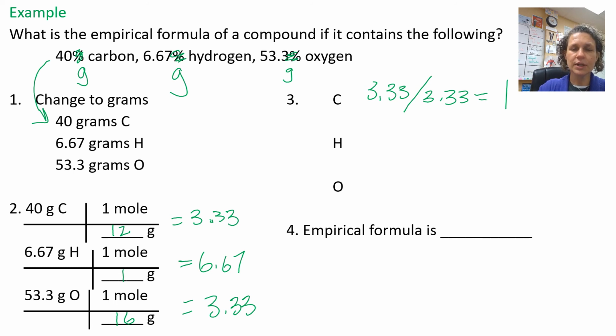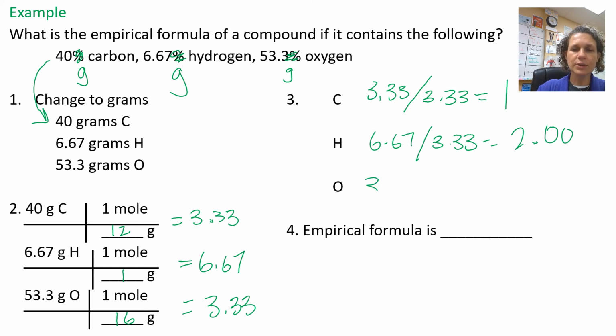The next one, 6.67 divided by 3.33. Pretty sure it is one of those that we round. So let me plug this in real quick so I don't confuse anybody too much. Okay, so now you get 2.003. So we'll say 2.00, so a whole number.